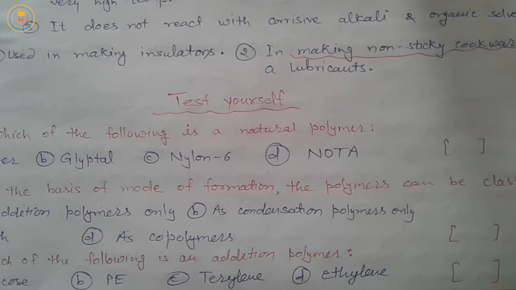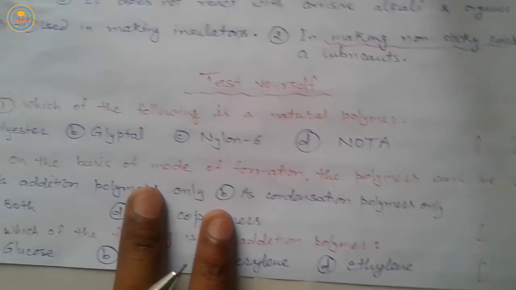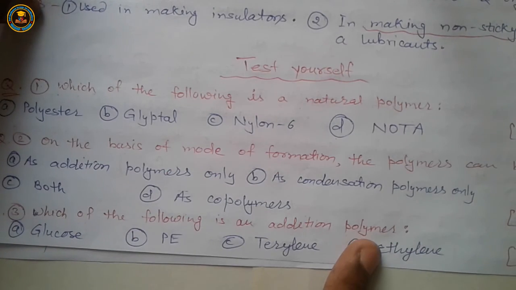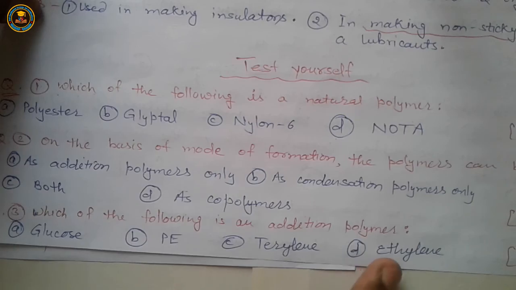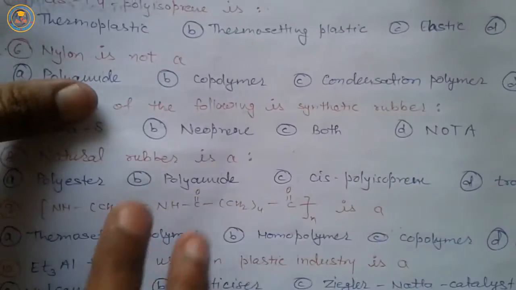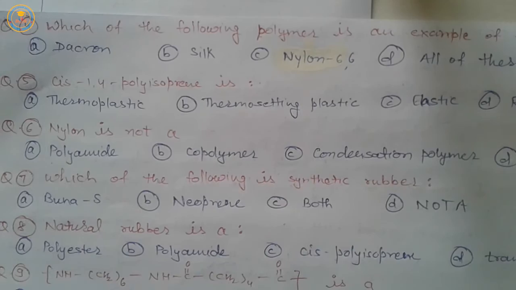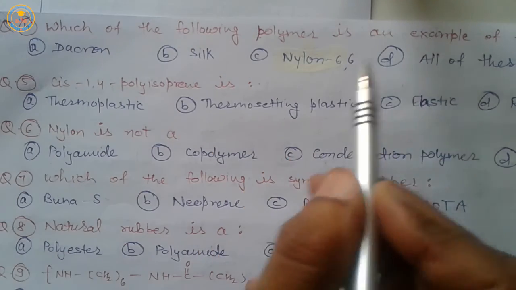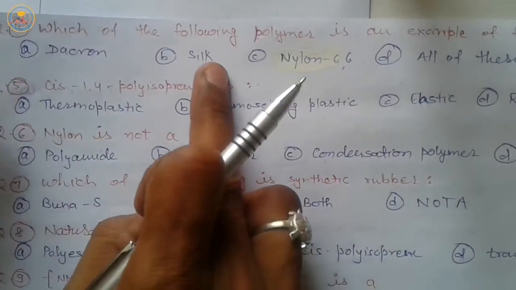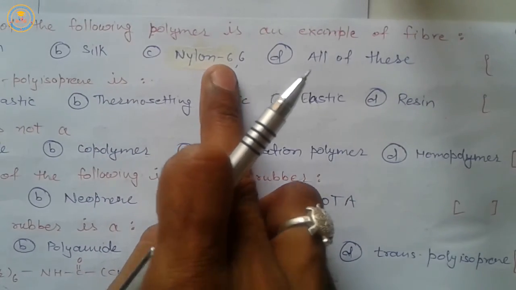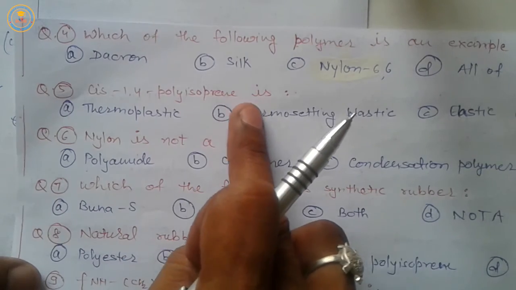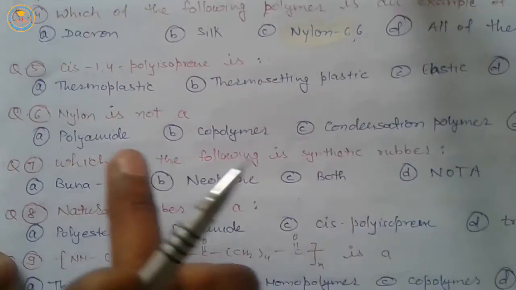Third question is, which of the following is an addition polymer? Glucose, PE, terylene, ethylene. Fourth question is, which of the following polymers is an example of fiber? Dacron, silk, nylon 66, all of these. Fifth question is on polymer: polyisoprene, four options.